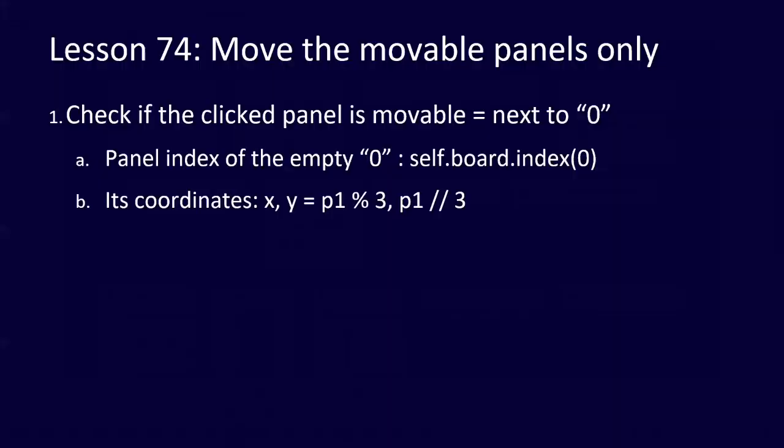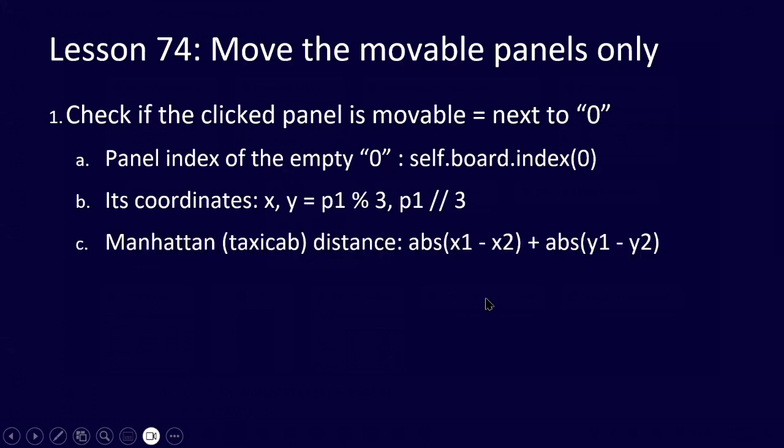So this means we should compare: whether it is a neighbor of the empty panel or not can be calculated as the Manhattan distance between the clicked panel and the empty panel being 1.